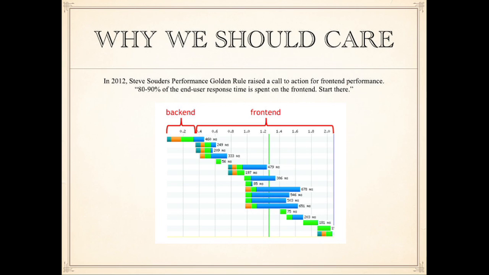So we're not really going to get into the back end considerations for the reason that Steve Souders is arguing here, but also because that's probably not where most of us in the room are.